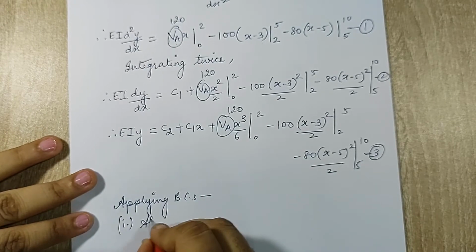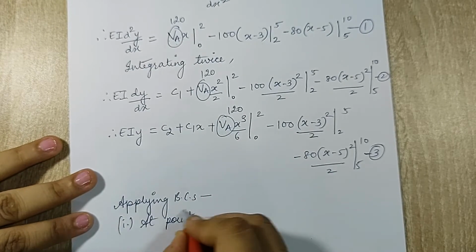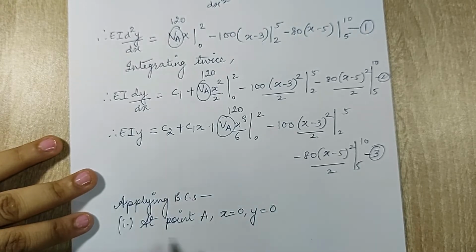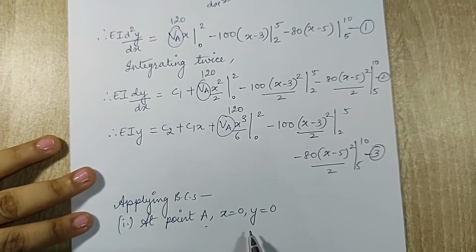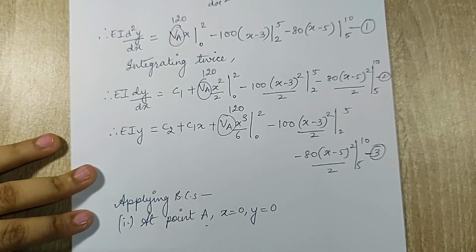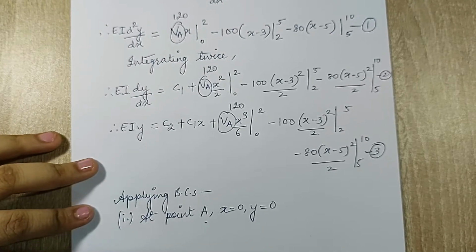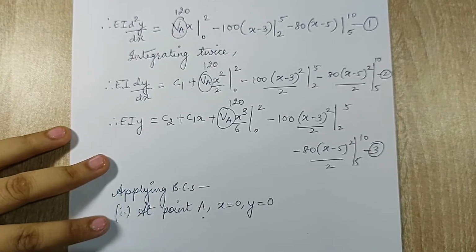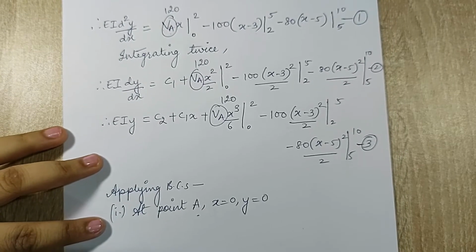First one, at point A, x is 0, y is 0. You need not write at point A, I am just writing it here so that later when you want to recall, it will be useful, but it is not required. You can just write at x equal to 0, y is equal to 0.